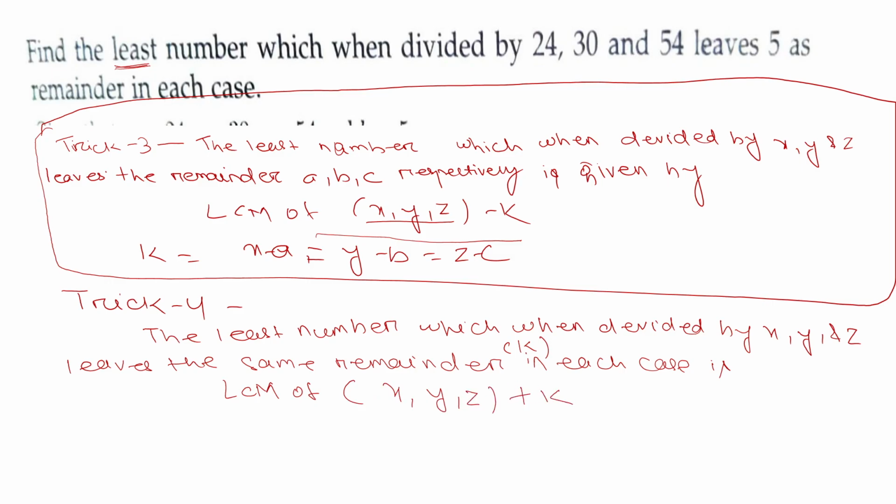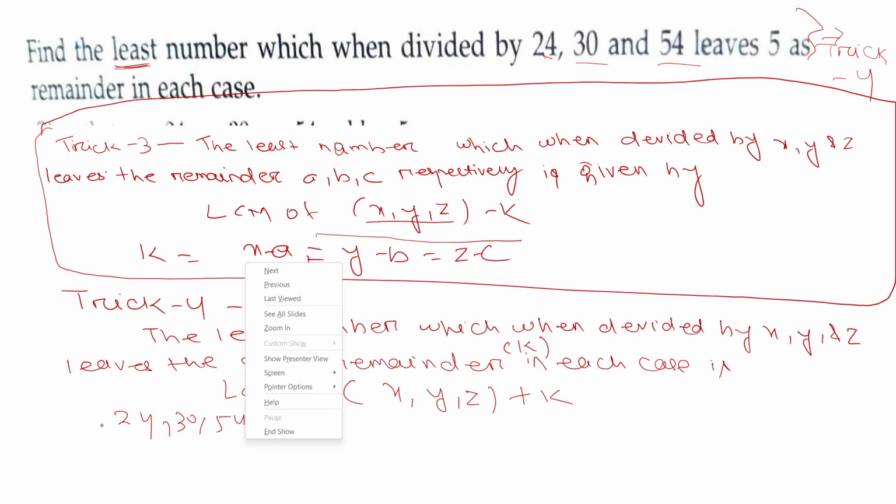Okay, find the least number which is divided by 24, 30 and 54. This question belongs to trick number 4. Let us first take the LCM of 24, 30 and 54.